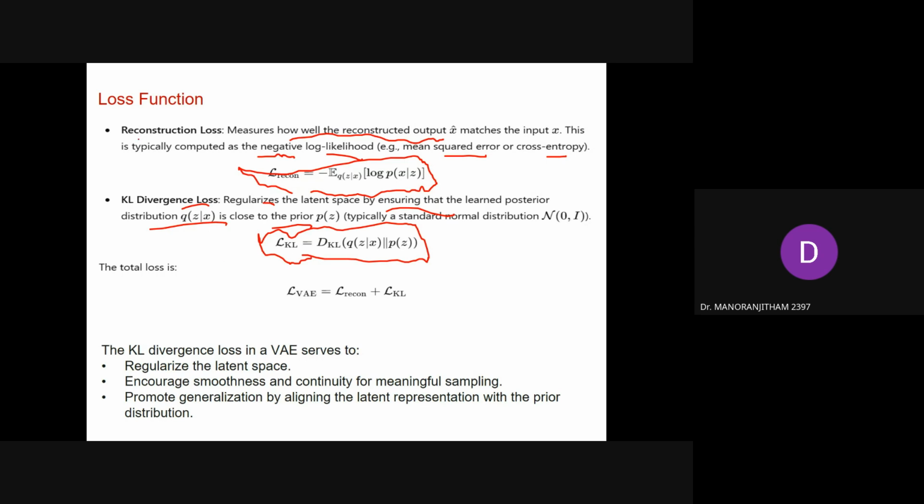So the total loss of your VAE is equal to the reconstruction loss plus the KL loss. The KL divergence loss in VAE is used to regularize the latent space, and it encourages smoothness and continuity for sampling the input data, and it promotes generalization.